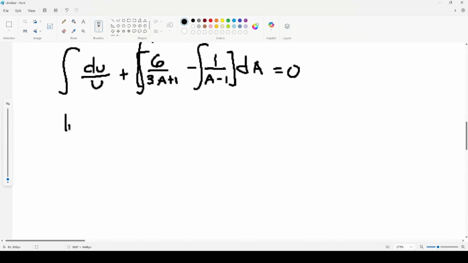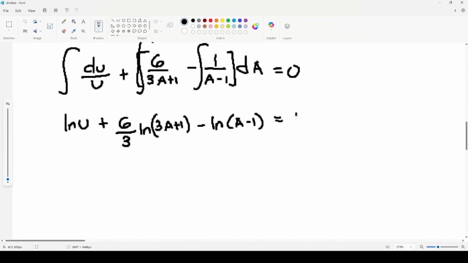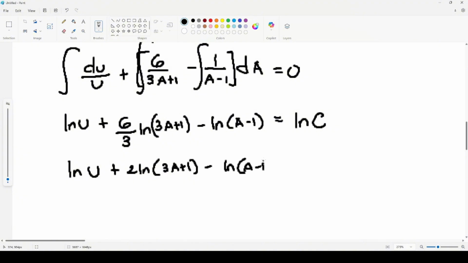So this will become ln u plus 6 divided by 3, ln (3a plus 1) minus ln (a minus 1) is equal to ln c. So this will become 2 ln (3a plus 1) plus ln u minus ln (a minus 1) is equal to ln c.